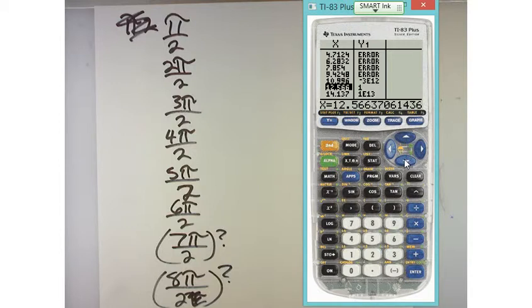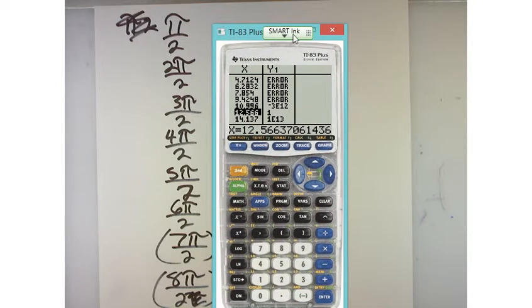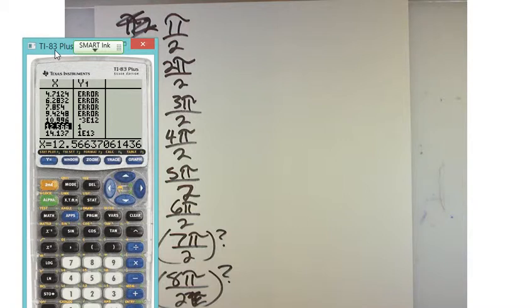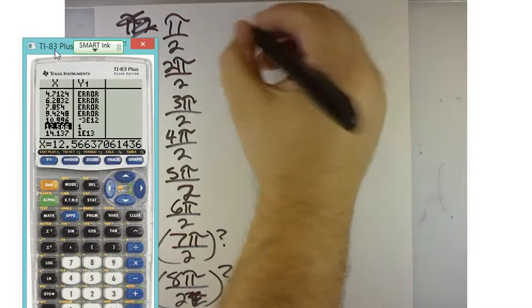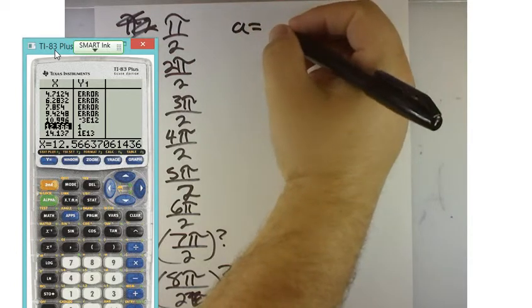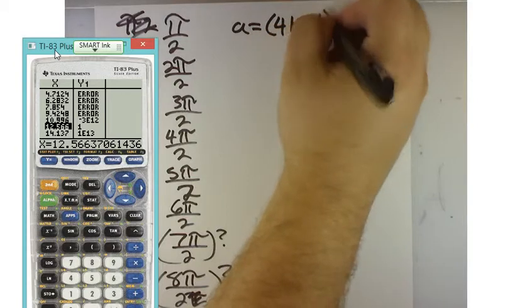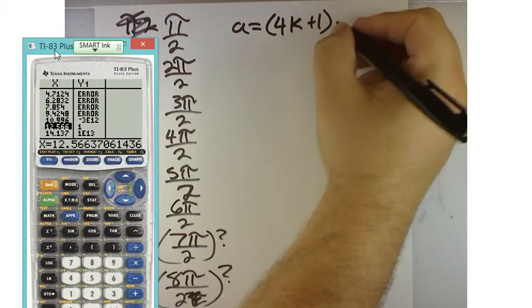Well, let me tell you what the textbook has, and then here's what I want you to do. I'm going to tell you what the textbook has, and then maybe for a little fun, you guys can try to figure this out. There's two types of asymptotes. One asymptote occurs when A is equal to 4k plus 1, where k is an integer, times pi over 2.